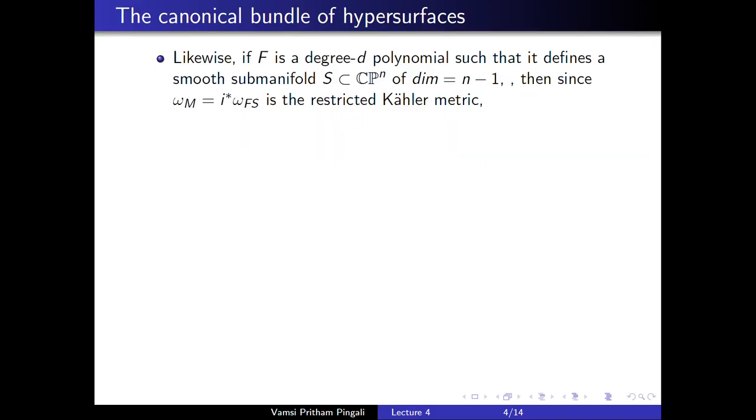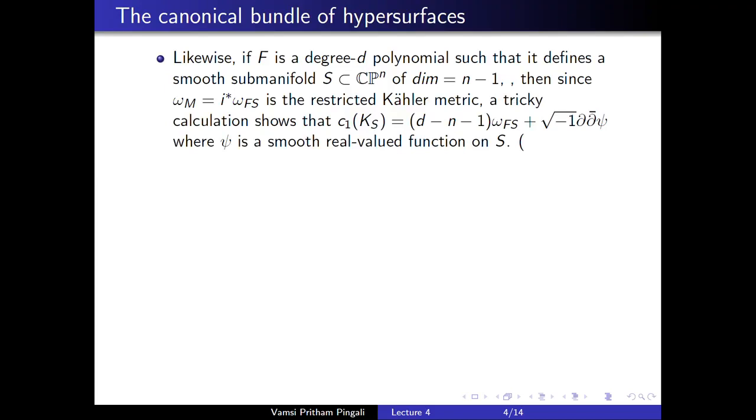Now in principle, you can take this Kahler metric, compute its determinant, take log of that, and compute del bar of log of that. That will be a very tricky calculation, not trivial. But if you do that, you'll get a very pleasant conclusion. The first Chern form of the canonical bundle of the submanifold is d minus n minus 1 times the Fubini-Study metric plus del bar psi.